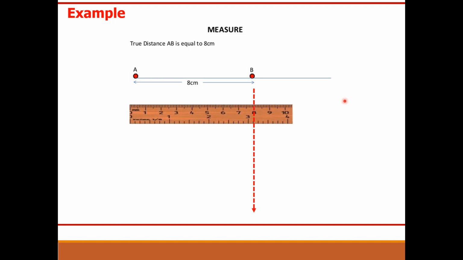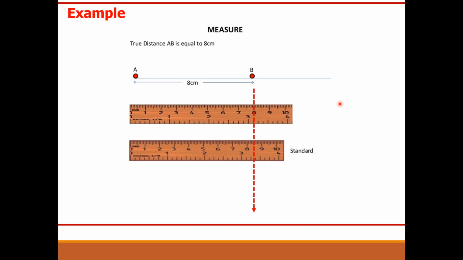Now here is an example for you to understand how it works. For example, if we want to find the distance between the 2 points A and B using measuring tape, we open the measuring tape and find that this value is 8 centimeters. Okay, this 8 centimeters is shown by the red dotted arrow.